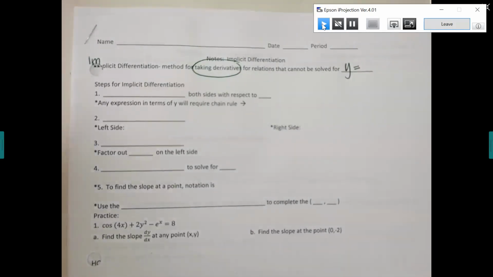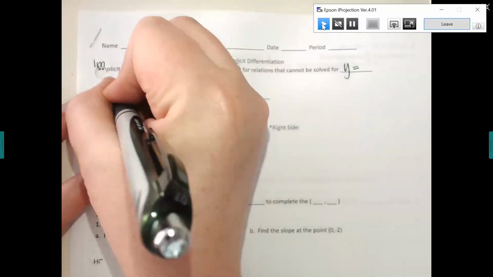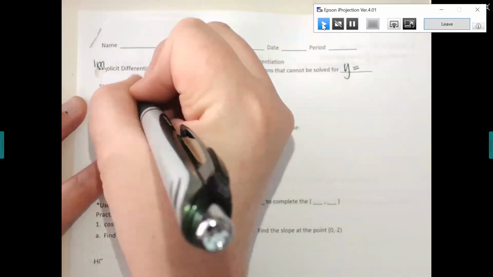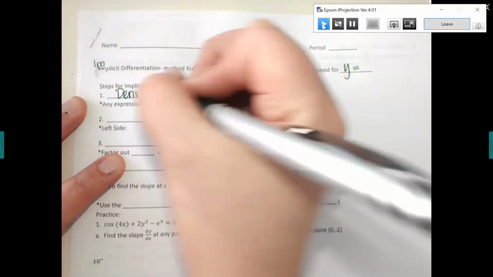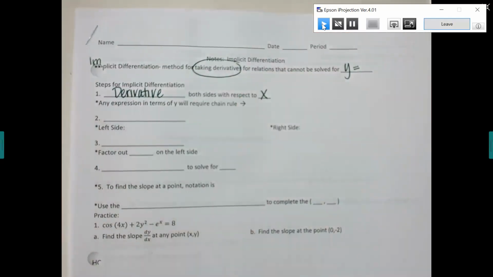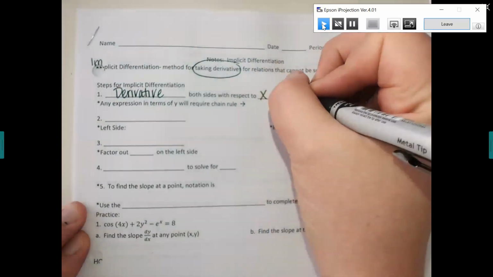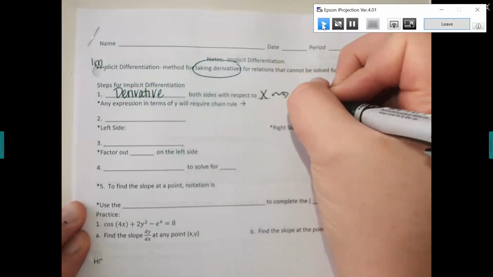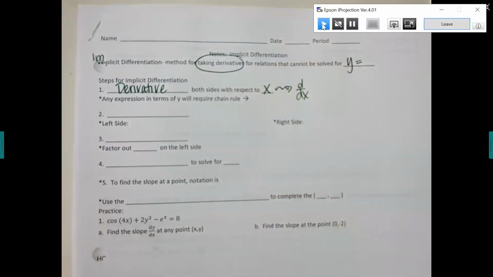So step number 1 is you are going to take the derivative on both sides with respect to X. Derivative with respect to X is the same thing that we've been writing, d dx. That already means derivative with respect to x.